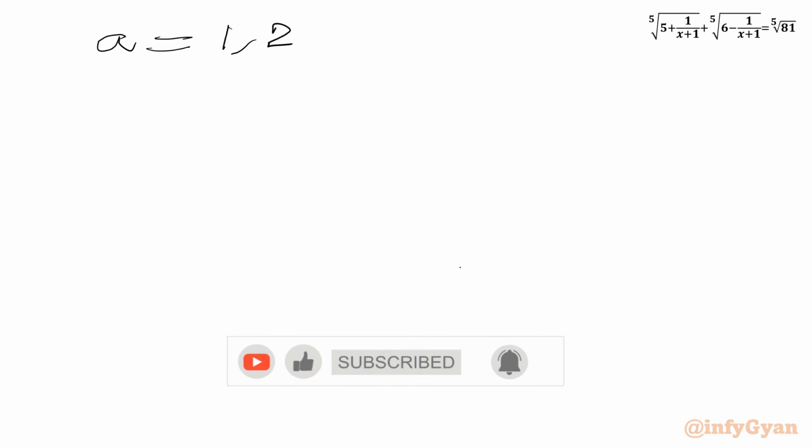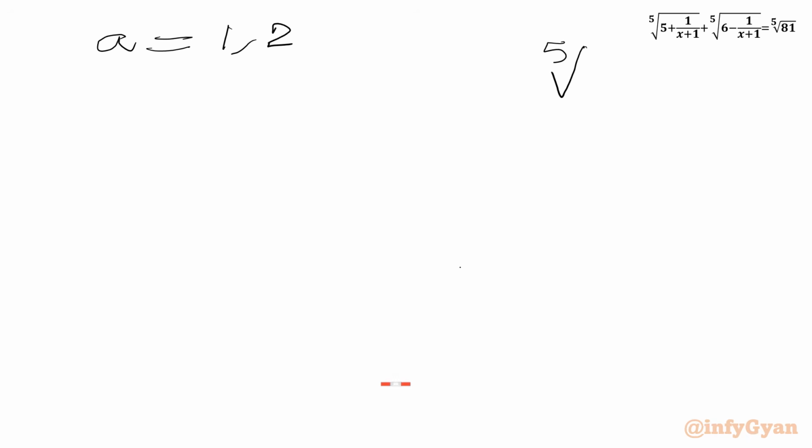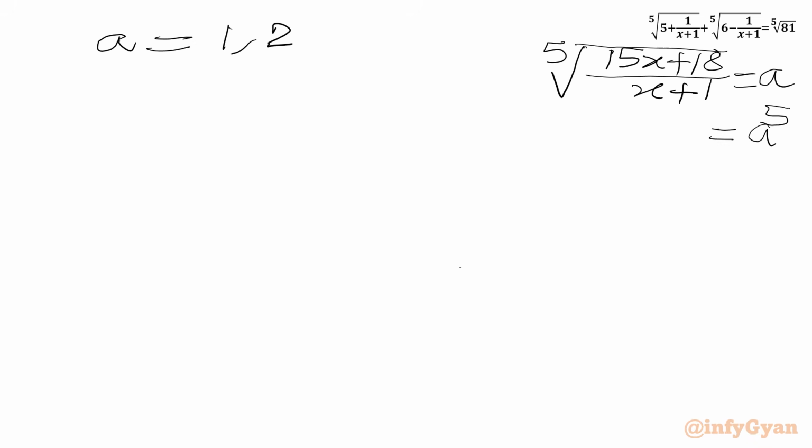So if I write here the fifth root of (15x + 18)/(x + 1), then this is a. If I find a⁵ by raising power 5 on both sides, we can easily write (15x + 18)/(x + 1), so here it is a⁵.